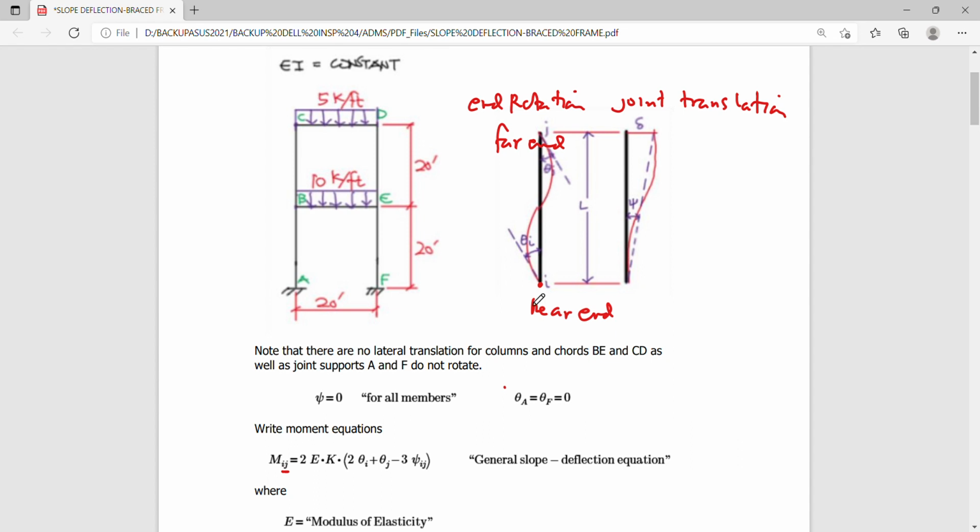The effect of rotation at the near end node is actually twice the effect of the rotation at the j end node. So we can see in this equation that the first two expressions inside the parentheses represent the effect of rotation, and the third expression, which is a negative expression, represents the effect of your joint translation.